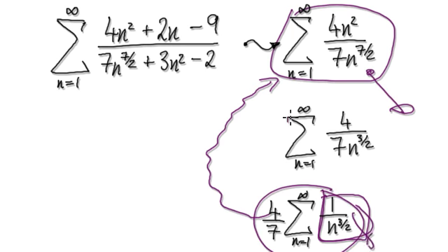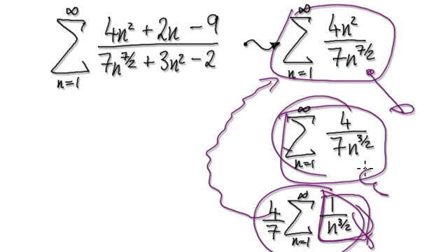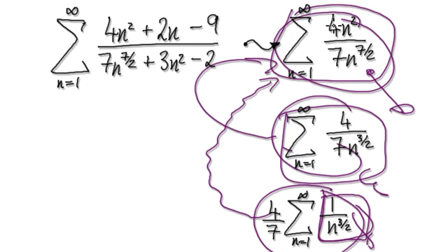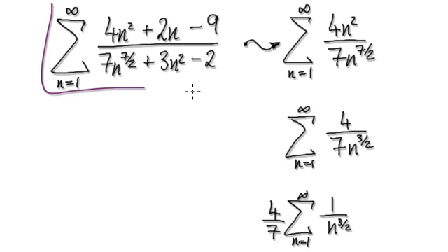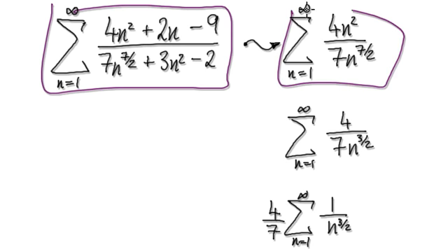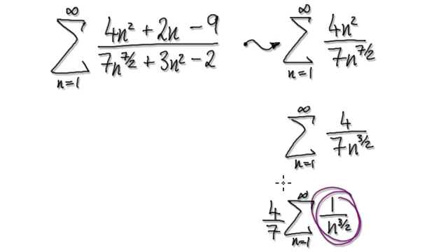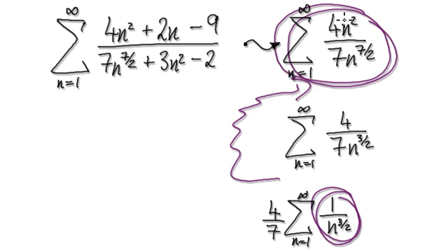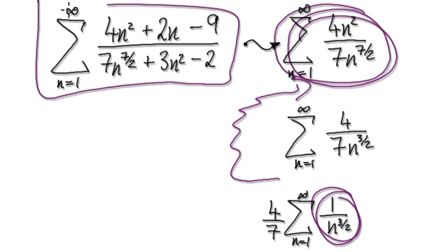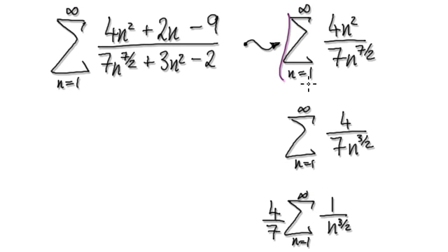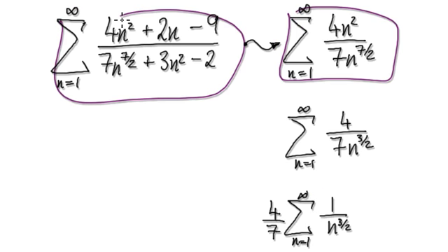The point here is that you can compare it with anything you want, but make sure you know something about this series, or you know this is going to converge. So in the past we would compare it with this series, but for the case of this video, let's just compare it with this.